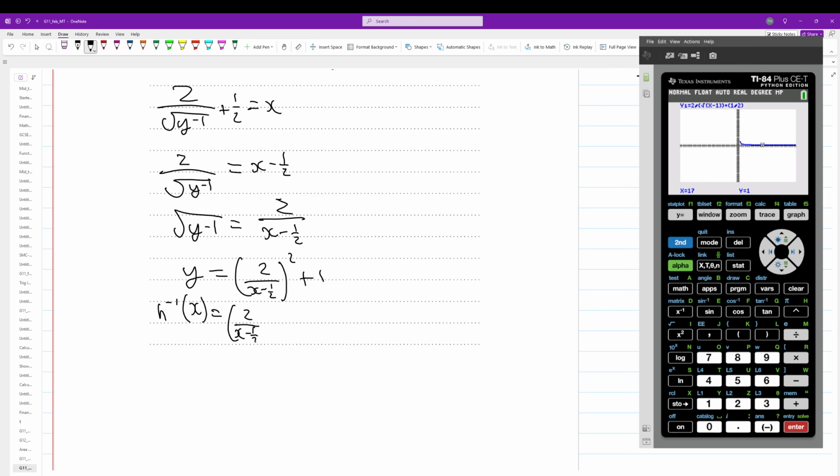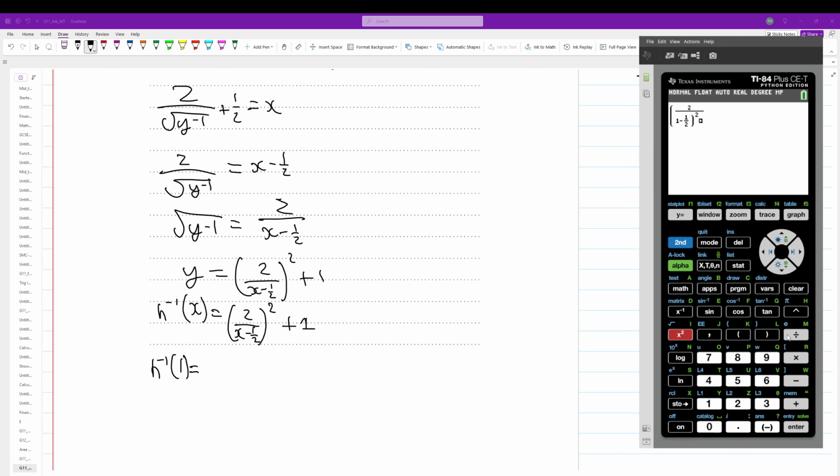By the way, you do not have to do this. This whole section is only for the people that want to use algebra. Anyone that's happy to just use the calculator, how I've previously shown, please do that instead. It's way easier. h minus 1 of 1 will be, using my calculator, 2 over 1, take away a half, squared.